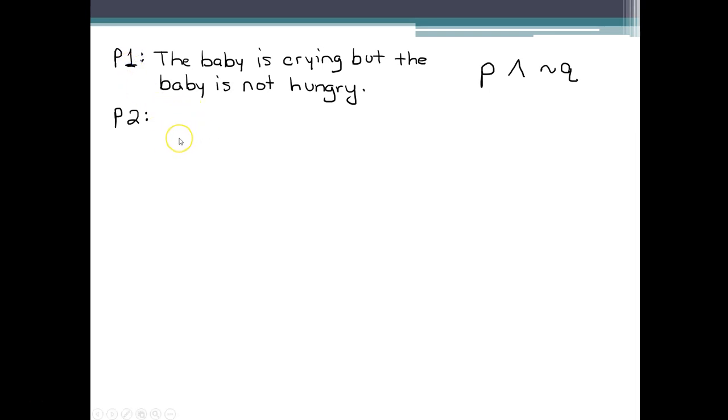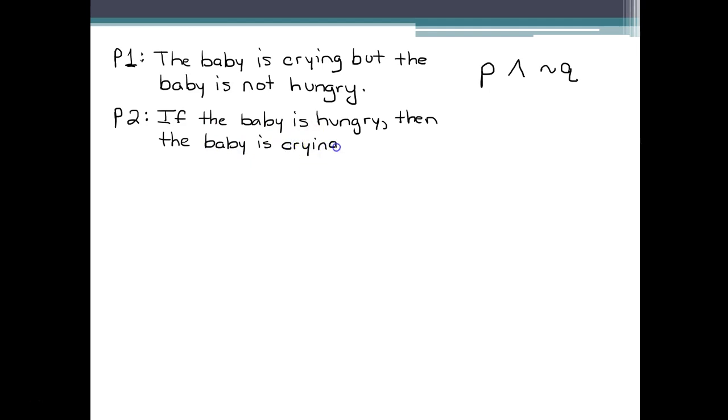Alright, premise 2, if the baby is hungry, then the baby is crying. Okay, if the baby is hungry. So if Q, then the baby is crying.